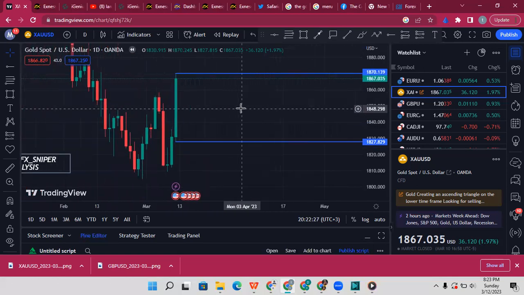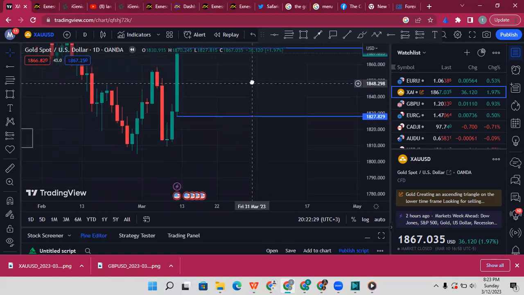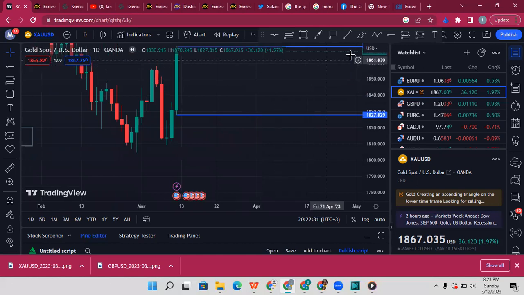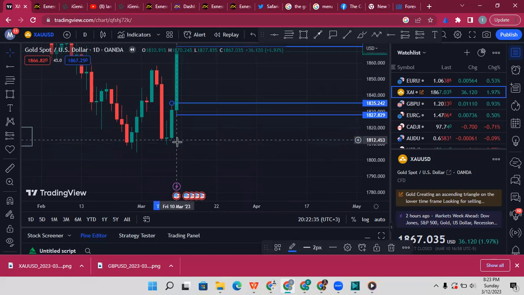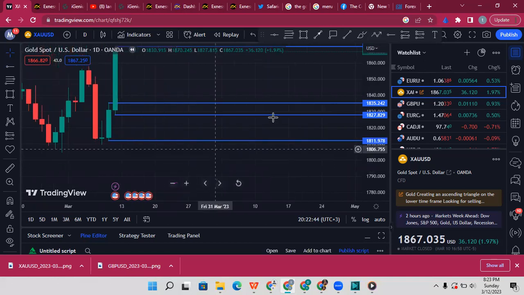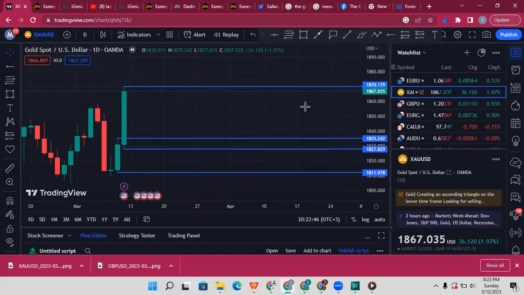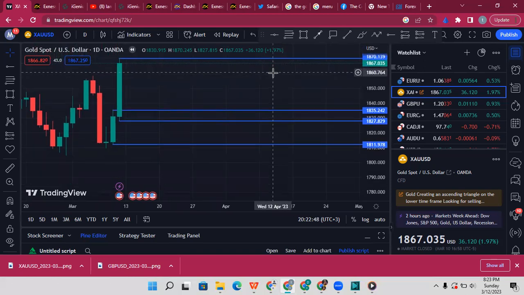This is on Friday. So on Thursday, this is the highest point where price reached, and this is the lowest point where price reached. So I'm looking at the higher highs and the higher lows of these 2 days.